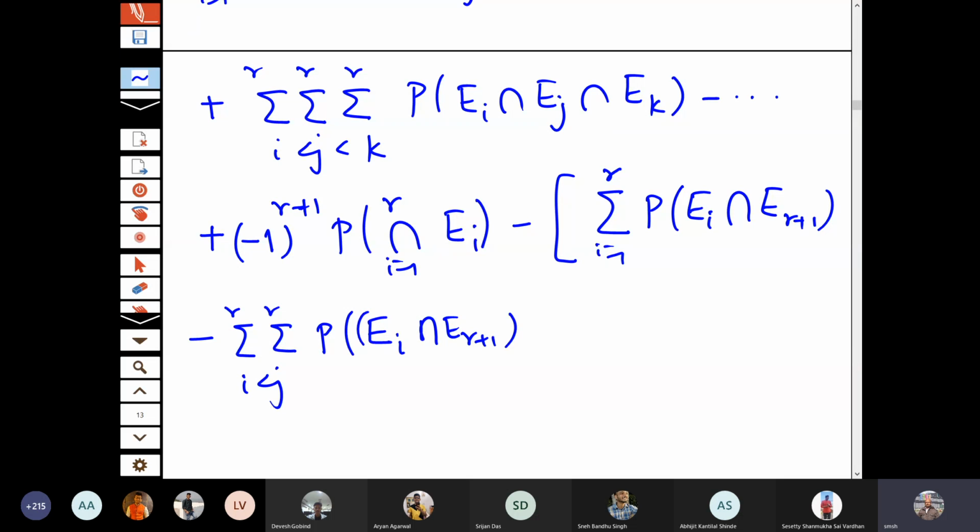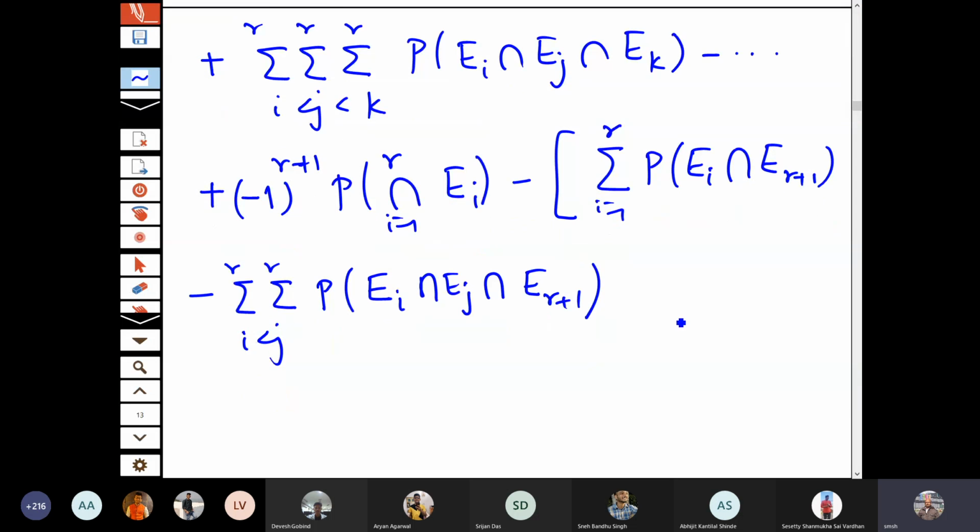So I can write it as EI intersection EJ intersection ER plus 1. So that I can write like this.